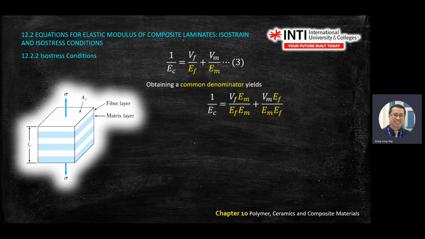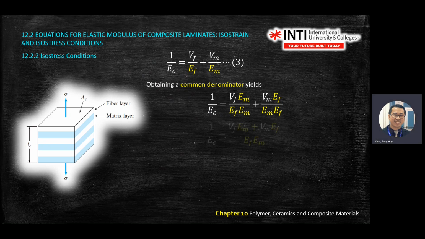For example, x equals 1 over 4 plus 1 over 3. How do you get the common denominator? The first one you multiply by 3 over 3, plus 1 over 3 multiplied by 4 over 4. Same concept in mathematics.